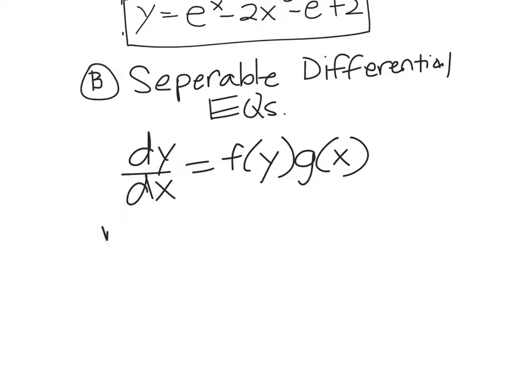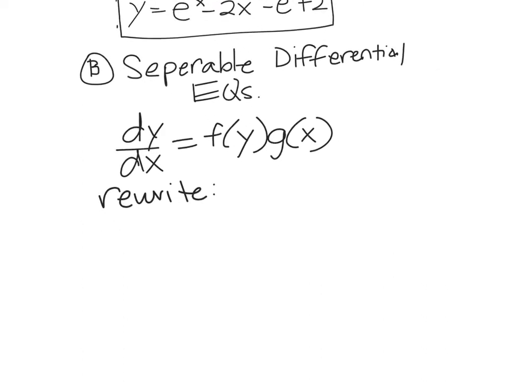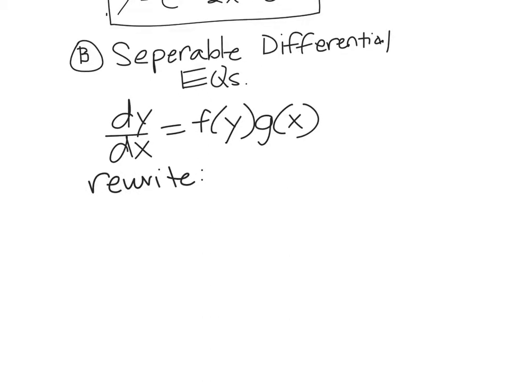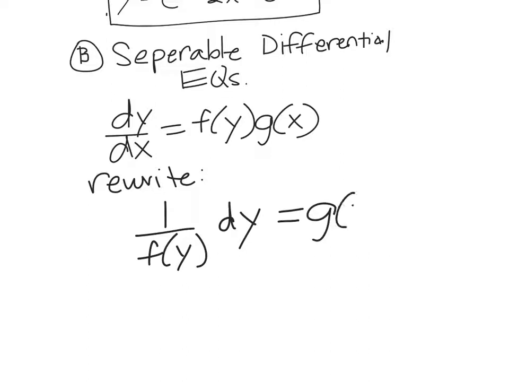So you want to rewrite this like this. I like to write it as 1 over f of y times dy equals g of x times dx. Do you see what I just did?